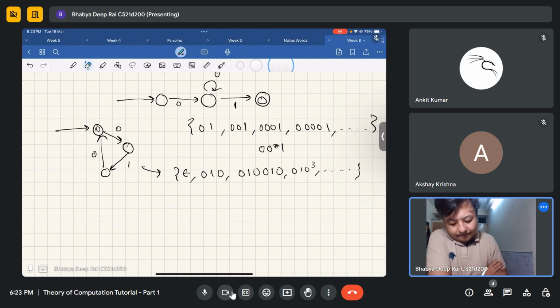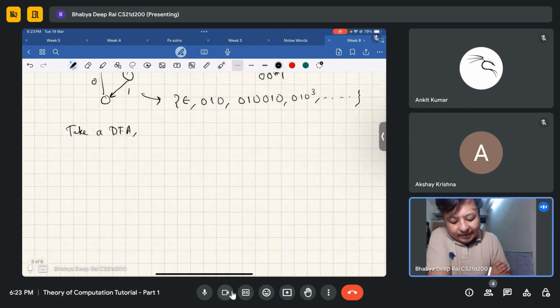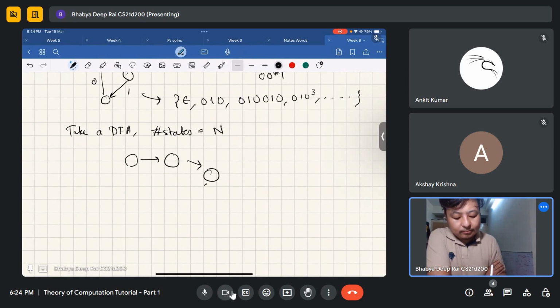Take any DFA. Let's say the number of states equals n. And this is the DFA, with Q0, Q1, and so on till Qn. This is your DFA, and there are some final states.